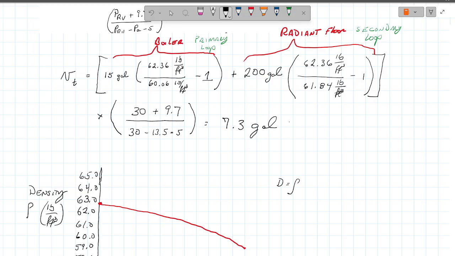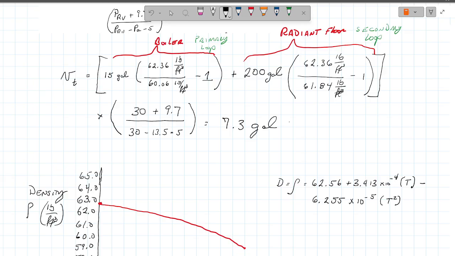Density, or rho, depending on which one you like, is equal to 62.56 plus 3.413 times 10 to the negative fourth multiplied times the temperature, minus 6.255 times 10 to the negative fifth, and temperature squared.